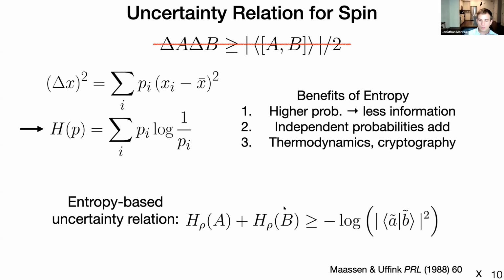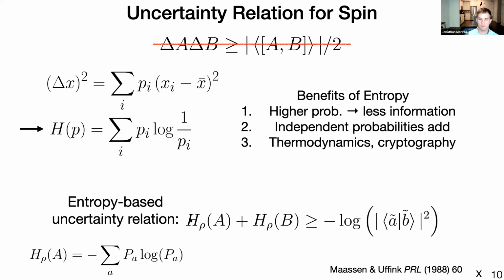And so an entropy-based uncertainty relation might look something like this. This is called the Maassen-Uffink uncertainty relation, named after the originators. So it depends on the entropy of observables A and B, and it's bounded by this quantity, log of something. I'll get to that in a moment. So just focus on the left side.